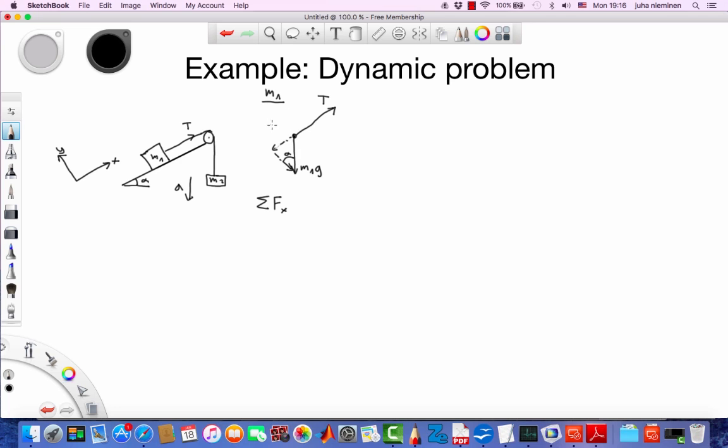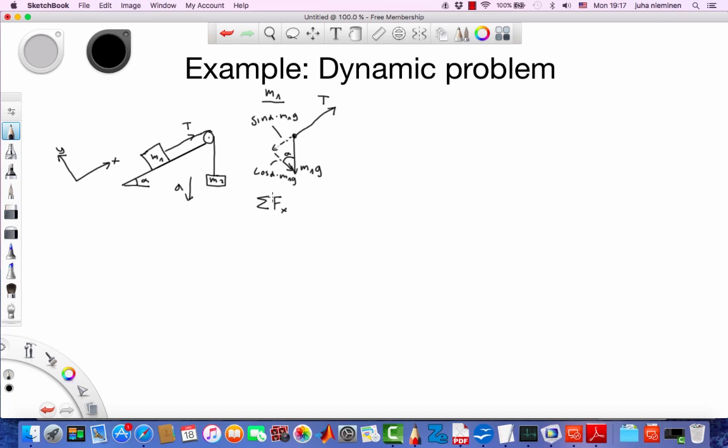So if this is m1g, then this must be sine alpha times m1g, and this would be cosine alpha times m1g. In fact, we don't need this one because we are not dealing with friction, but we can just have it there for reference.